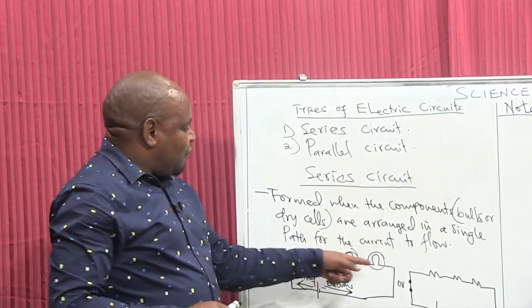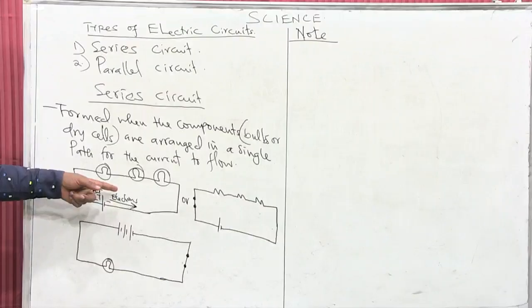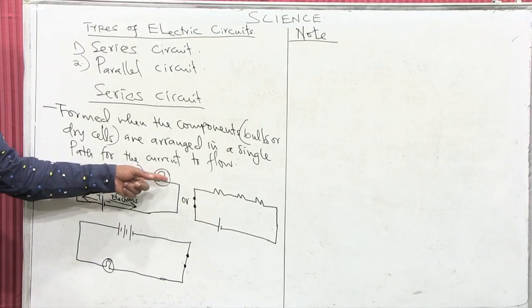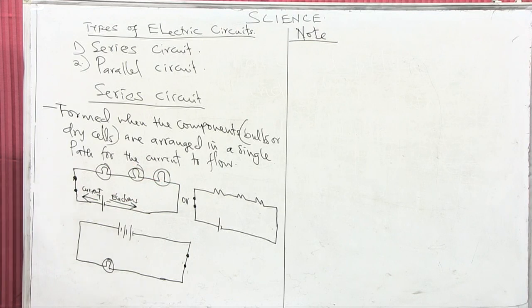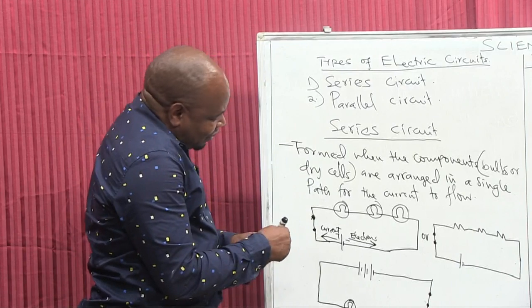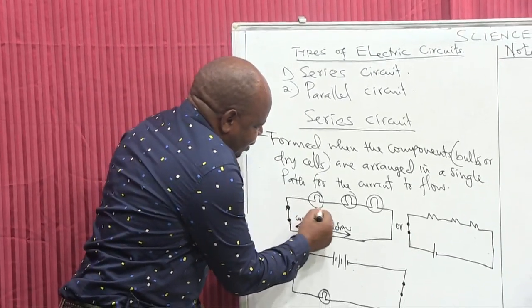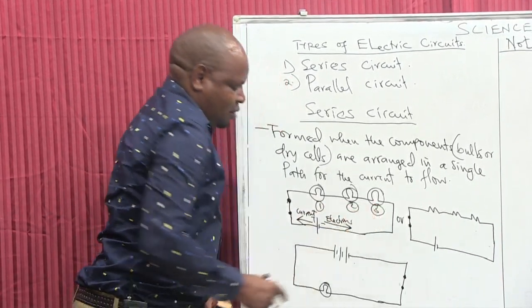Let's go back to our first diagram, where the bulbs are arranged in series. Suppose you have given them the numbers: this number 1, this number 2, this number 3.